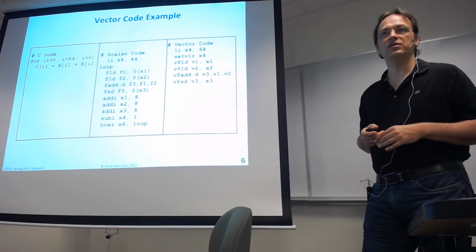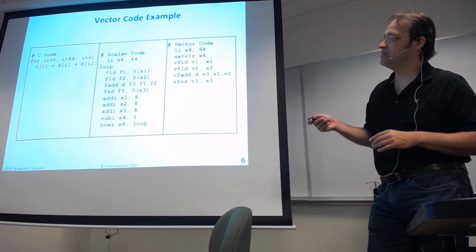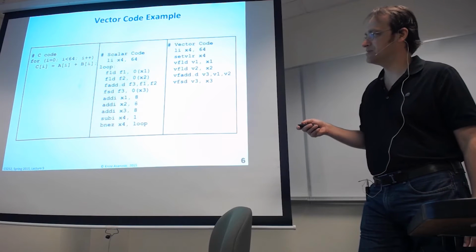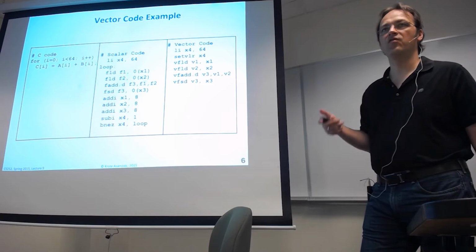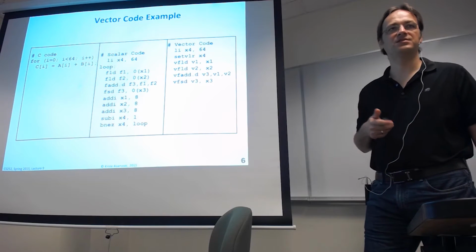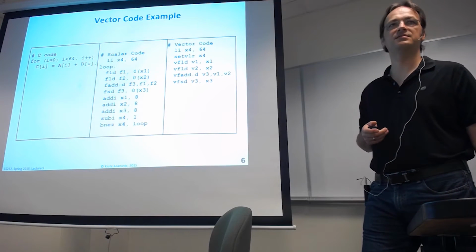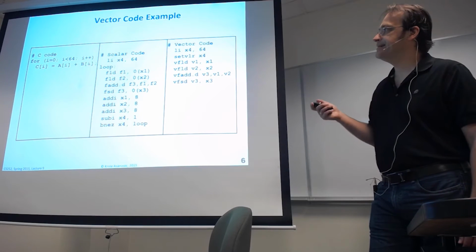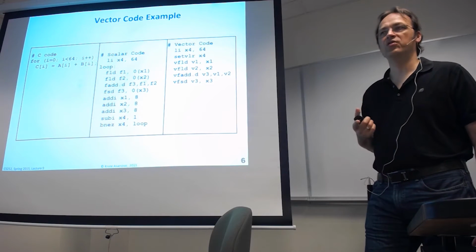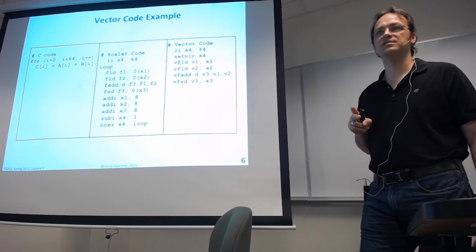So if you look at the difference in terms of instructions fetched in the scalar code, you've basically fetched 1, 2, 3, 4, 5, 6, 7, 8, 9 instructions for one element, and then you do that 64 times, right? So 64 times 9 instructions are fetched, plus the one at the top to initialize the loop. In the vector code, you fetch 6 instructions total. Now notice that the instruction bandwidth has been reduced for 2 different reasons, right?